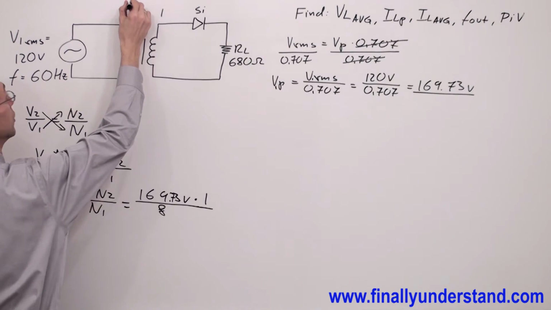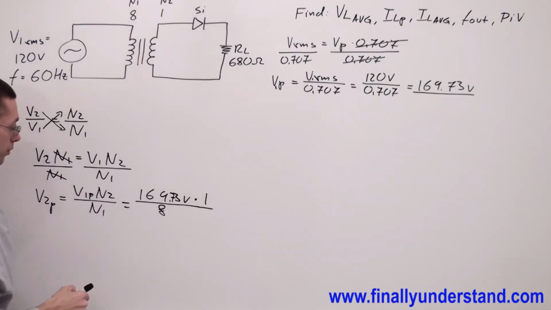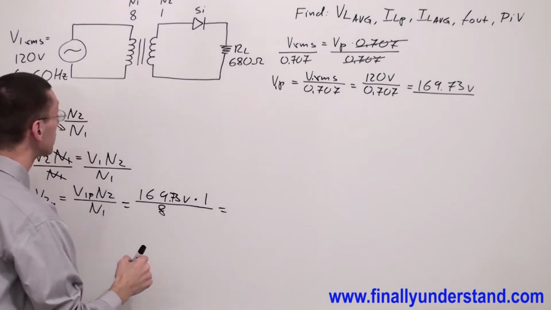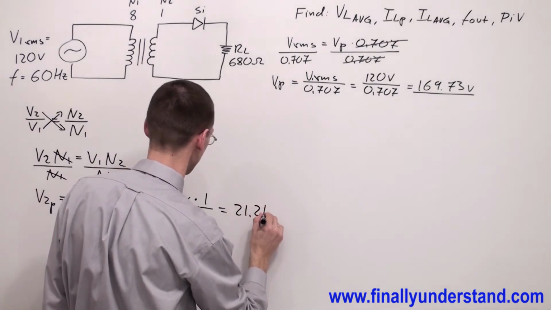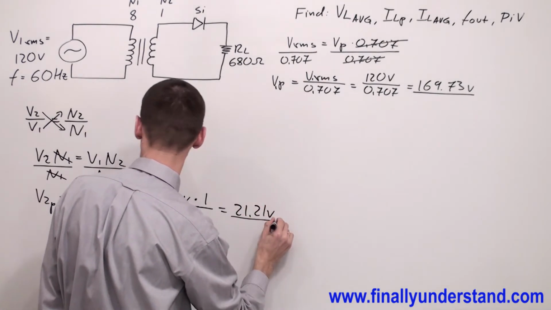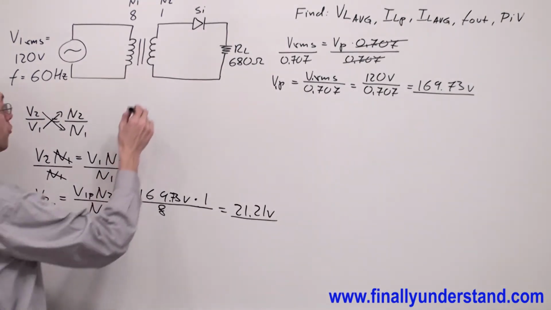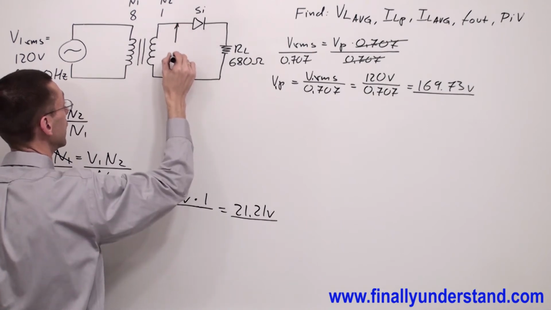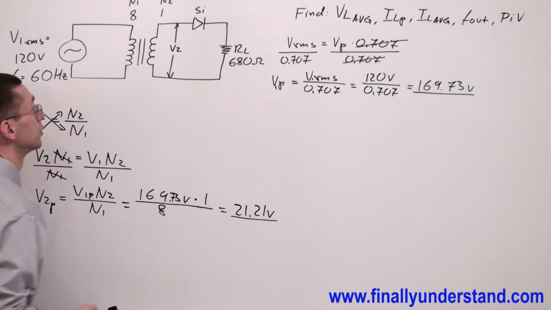Remember, this is your N1 and this is your N2. This is going to be equal to 21.21 volts. This is my secondary voltage, meaning the voltage between these two wires.